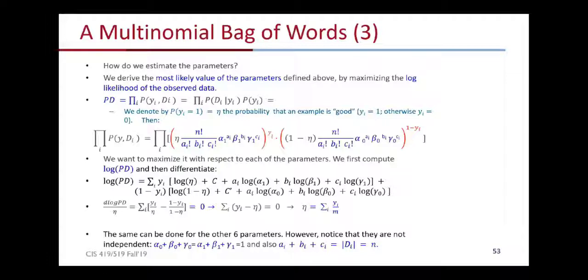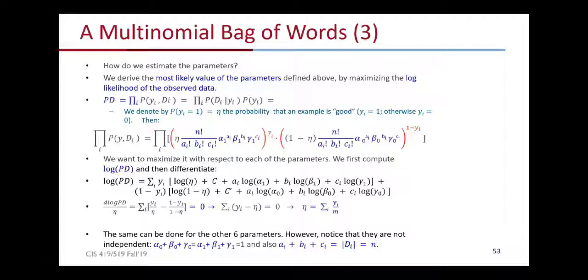And I have to differentiate relative to each one of the parameters. I'm going to do it here relative to eta, which is the one at the top that decides whether I'm generating a good document or a bad document, just because it's the simplest thing to do. So differentiating the log likelihood relative to eta, you can see here that basically everything disappears.